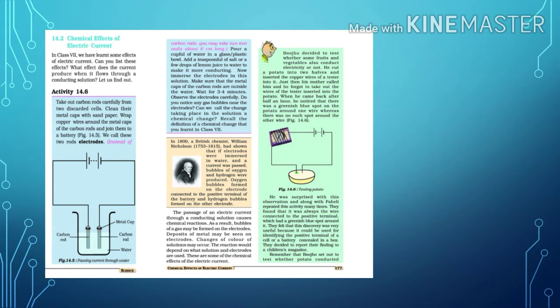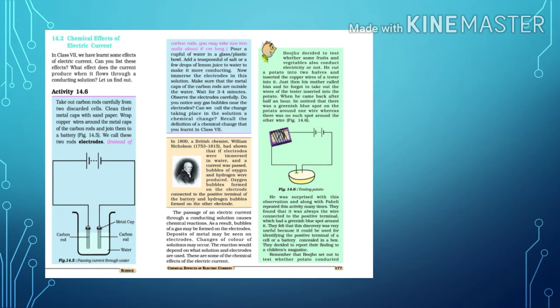An electrode is a metallic rod or conductor through which electricity can enter or leave.